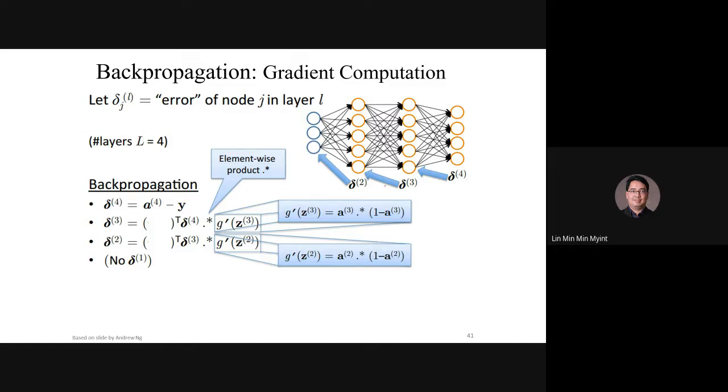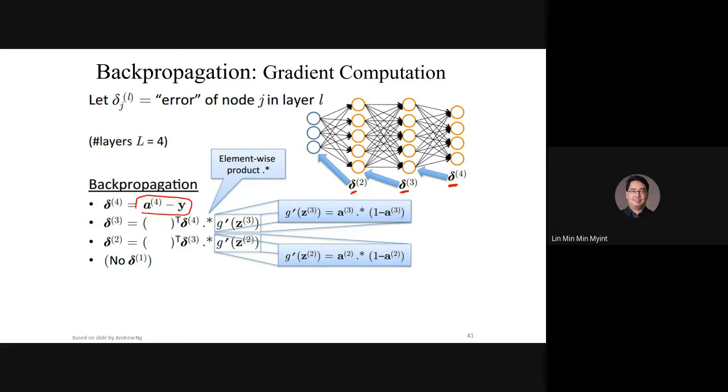So for this model, what we have to do first is calculate the error for each layer. For the simple case, we just calculate the error between the output of the model and the desired output.